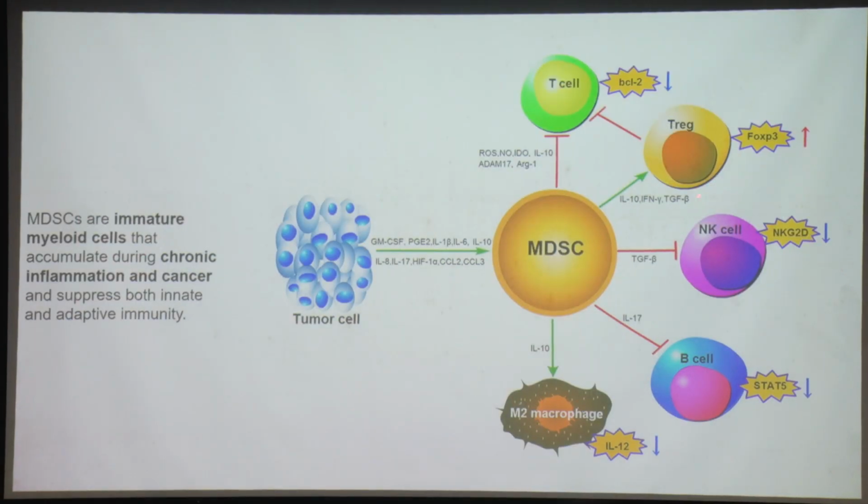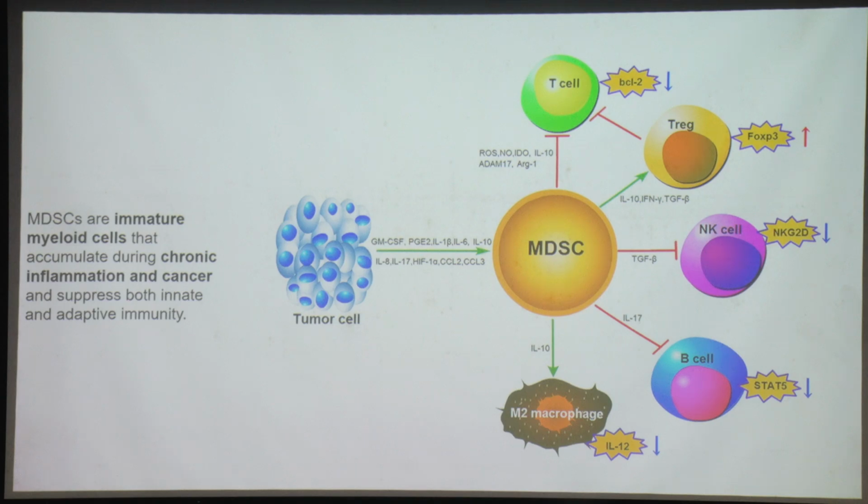What they do is recruit TREG. TREG are also immunosuppressive. They inhibit T cells, NK cells and B cells, and they promote M2 macrophages, which are immunosuppressive. So you can guess that anything they promote has to be immunosuppressive, and anything they inhibit has to be immune-promoting cells. Tumor cells recruit MDSC and they also form MDSC.